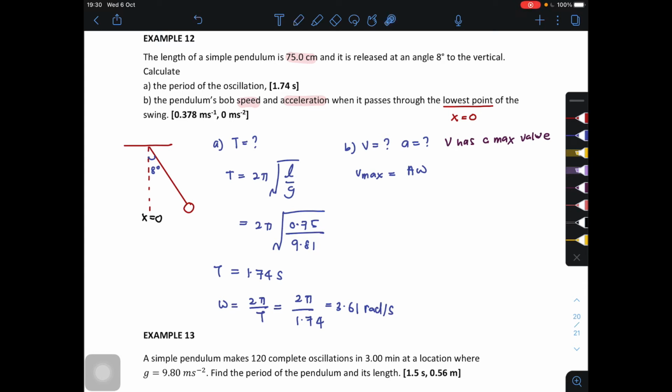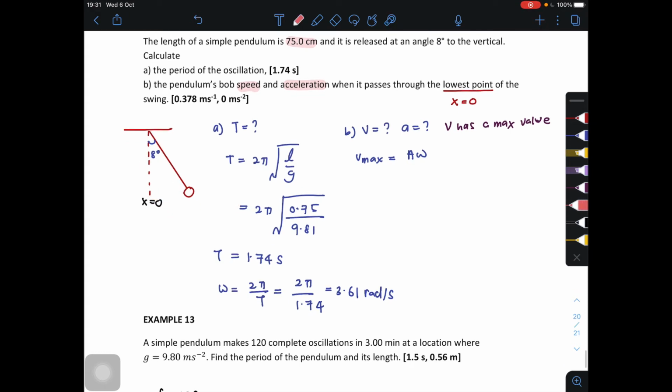Okay, so to find the value for A, since we are not given it, we know A is the amplitude, which is the maximum value for X. So when the pendulum is released from an angle of 8 degree, this is the maximum value of the displacement, which is the value for A. So how do we find this?